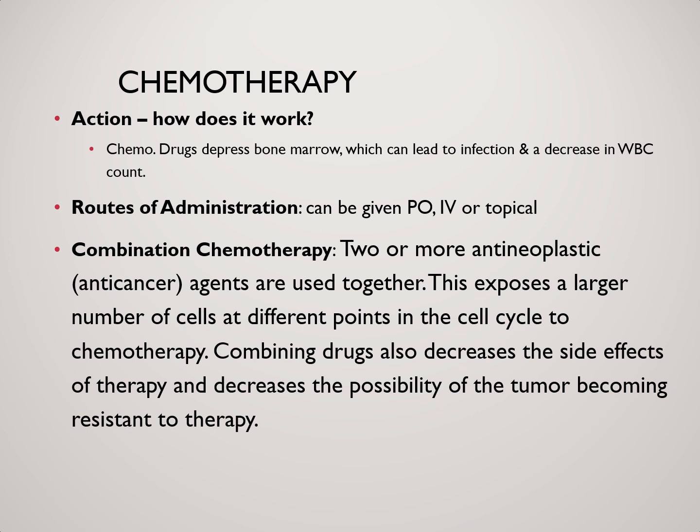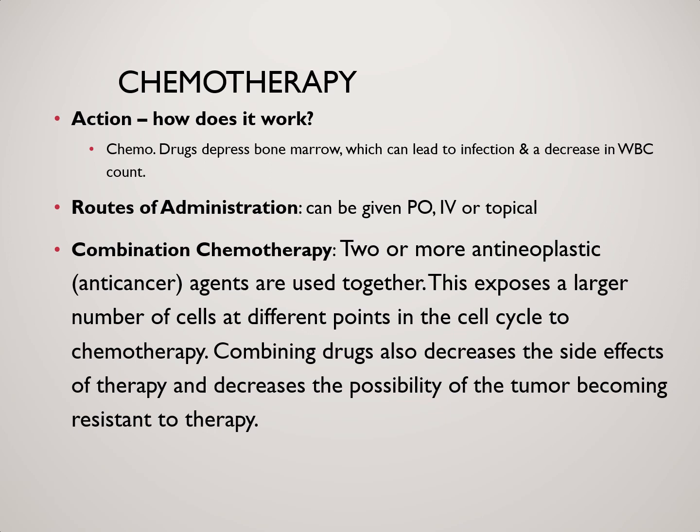Combining the drugs is also good because it is known to decrease the side effects of therapy, and it also decreases the possibility of the tumor becoming resistant to any one therapy.